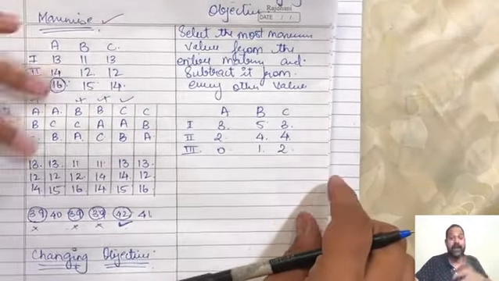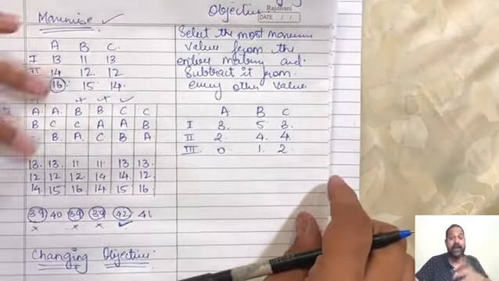Step 1 has become changing the objective. Then step 2 will now become row reduction. A, B, C, 1, 2, 3. Least in this row is 3, 0, 2, 0.